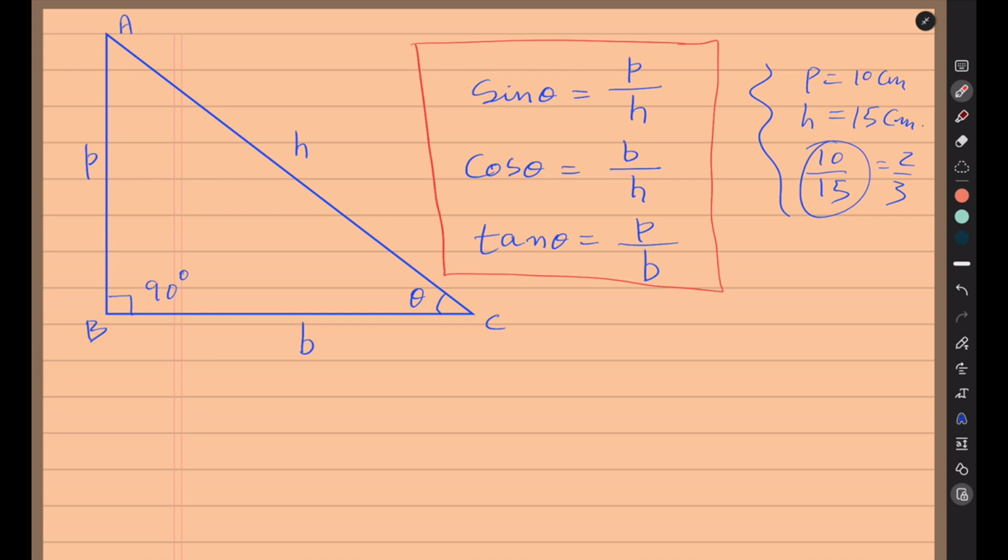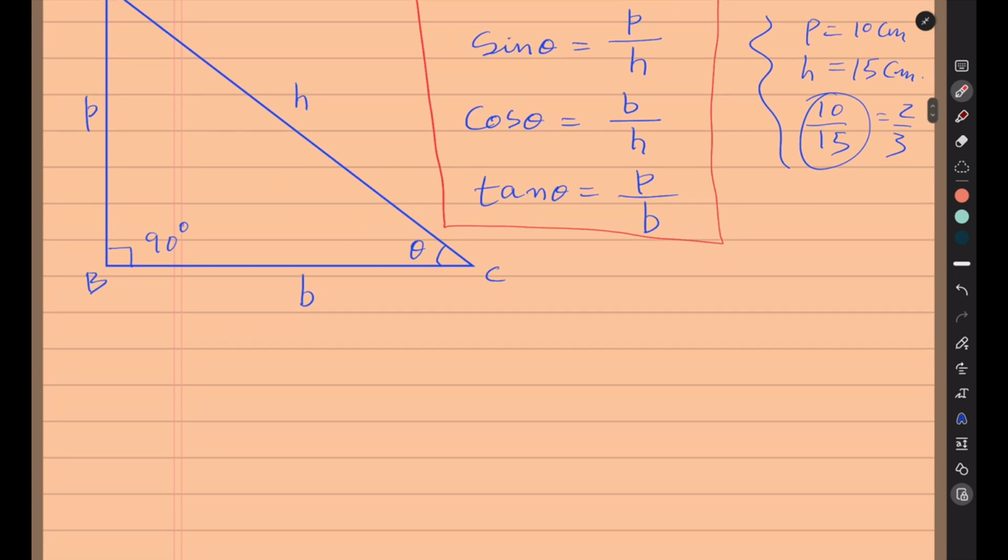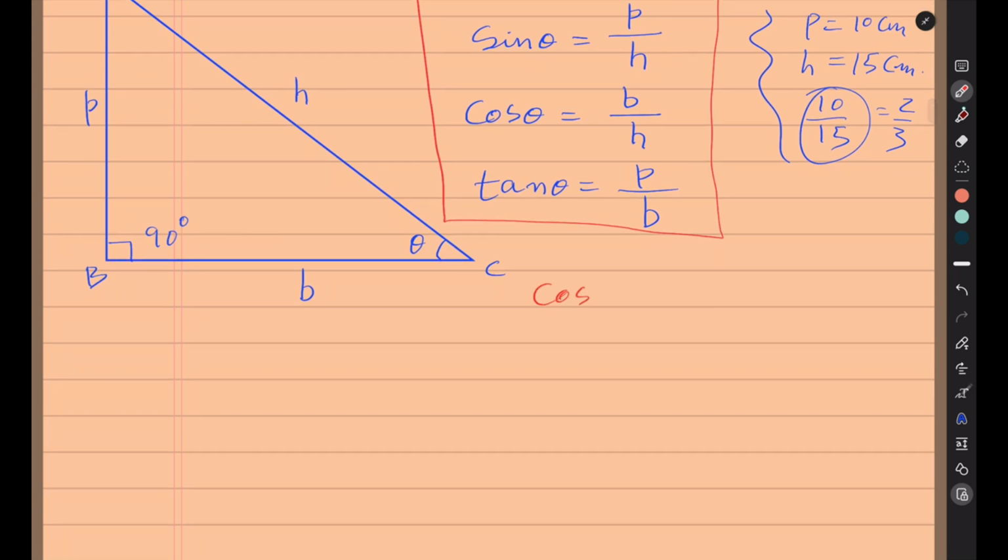And on the basis of these ratios, there are some other ratios also defined. For example, those three ratios are called cosec theta, which is nothing but the inverse ratio of sine theta, so h by p. And then there is something called the inverse of cos, which is called sec theta.